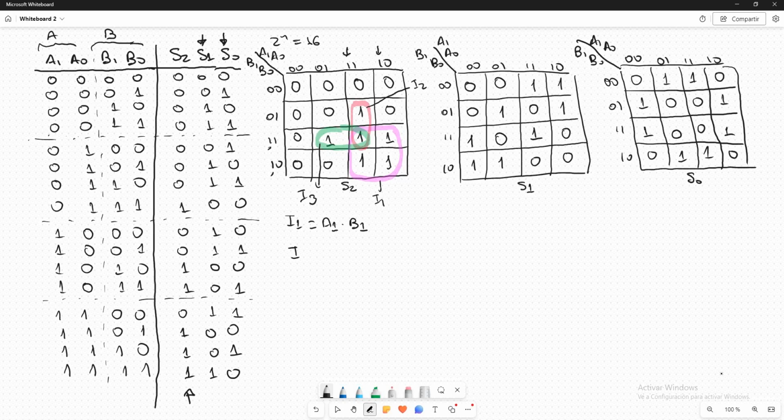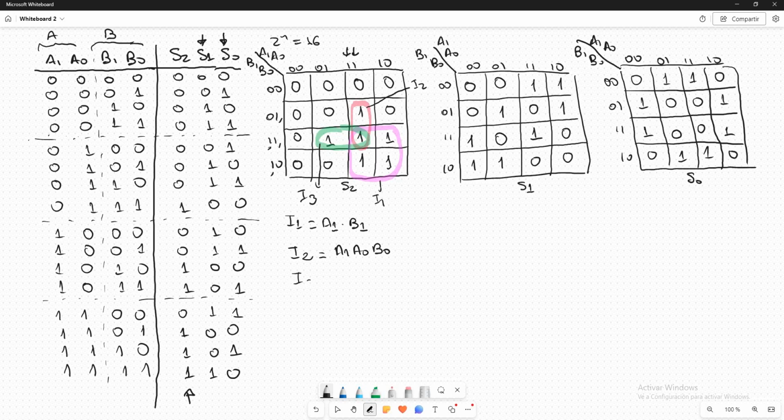In implicant 2, we have a column, so both variables here are not changing, and both of them are 1, so they are going to appear non-negated, not complemented. If we look at the rows, it is B0 that is not changing, and it is not complemented because it's also 1.